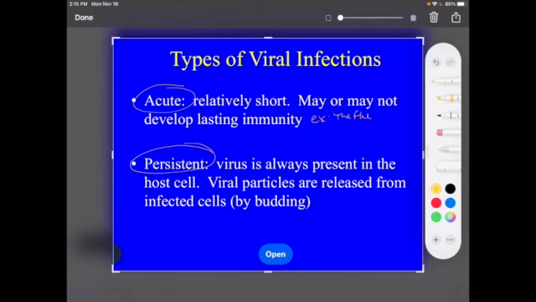I will say for acute infections, which may or may not develop long-lasting immunity, the flu is an example of that. Also COVID. COVID is an example of an acute viral infection. When a person is first tested for COVID, let's say they test positive for it with a PCR test or the antibody test, they get sick for a while.